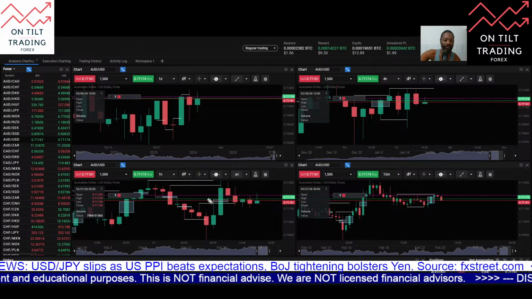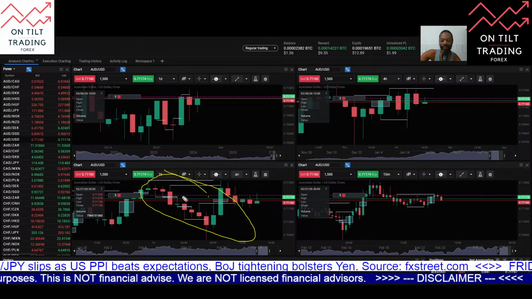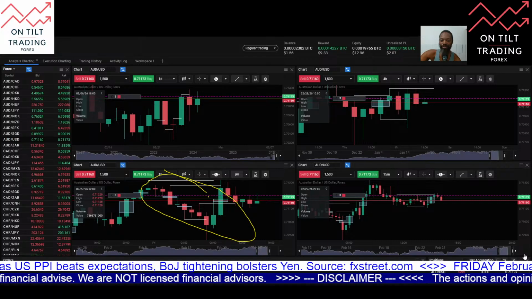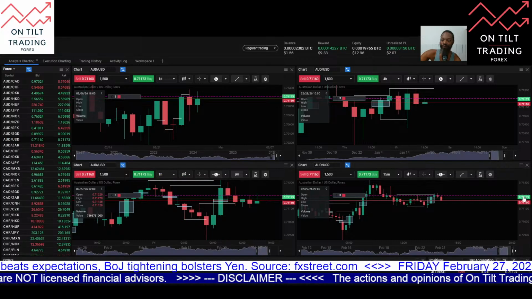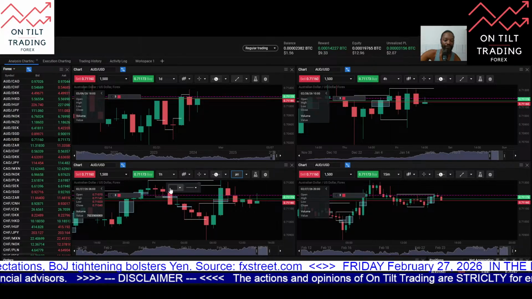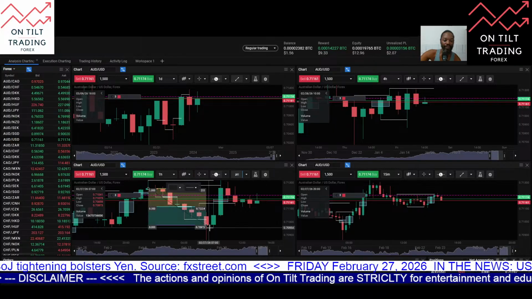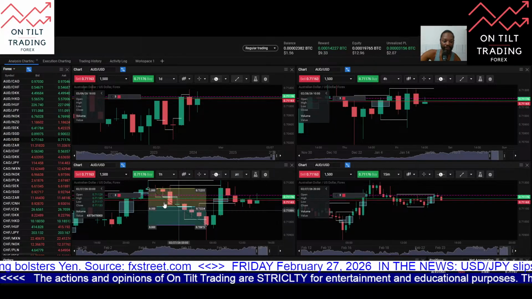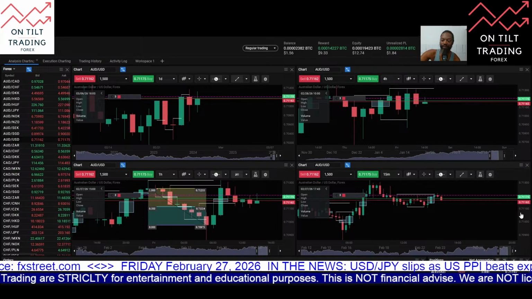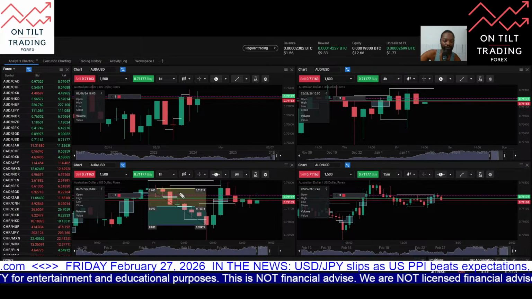And where I had this Fibonacci retracement, this is the range here, from this high to this low. I use the bodies of the candles, but I do count the wicks, but I only frame the bodies with the retracement tool.